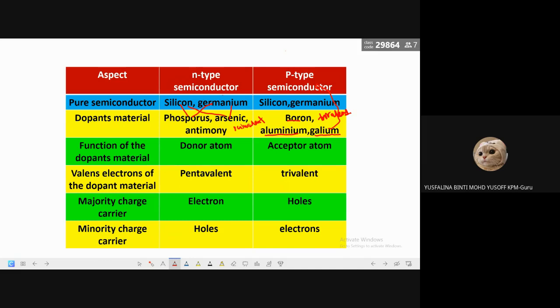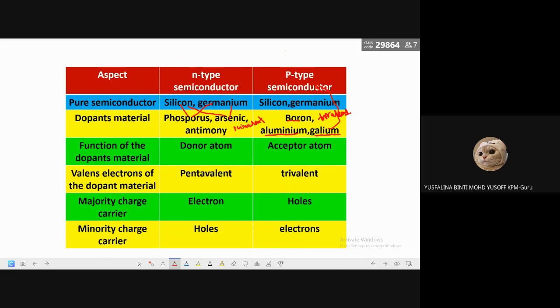Okay, so we are just doing a quick review. What is a semiconductor? A semiconductor is a material whose resistance is between a conductor and an insulator. That is a semiconductor. There are two types of semiconductor, silicon and germanium. Silicon has 4 valence electrons.